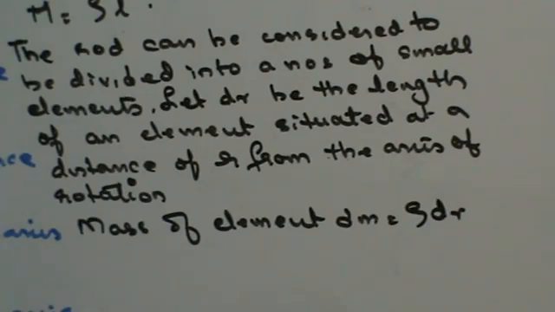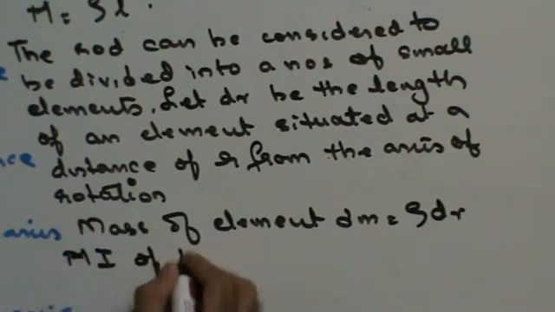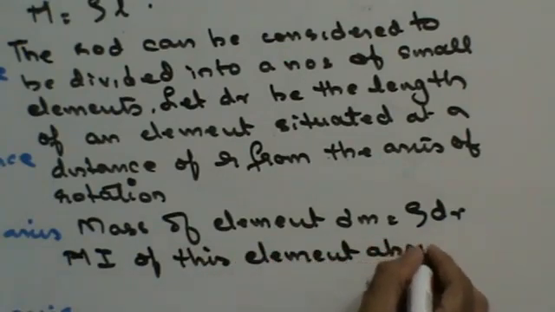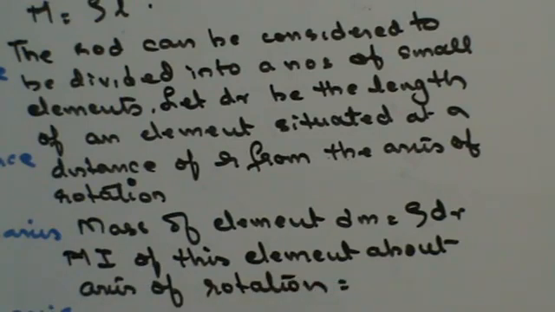Now moment of inertia of this element about axis of rotation. By definition, moment of inertia is nothing but mass into square of distance. Mass we found out is nothing but rho dr. Distance is r square. Therefore, I can say what will be the moment of inertia of the rod.